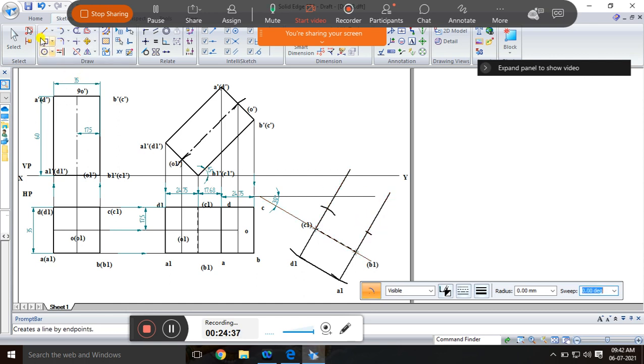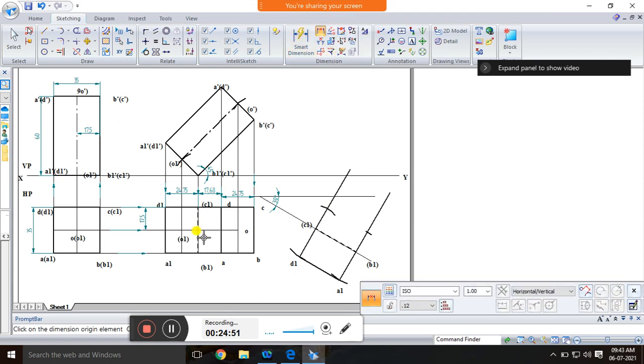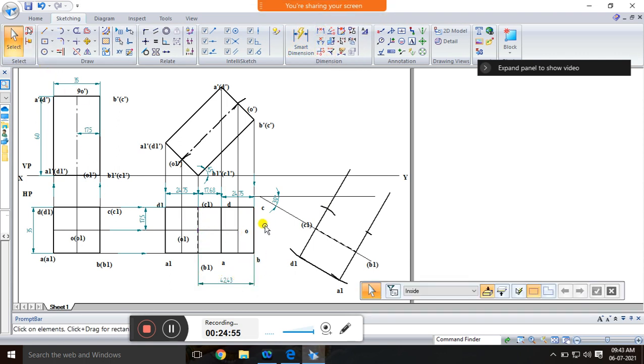Similarly, this distance from D to C is 24.75. Or else you can place it on C dash and take the distance of C1 dash. That is also correct.